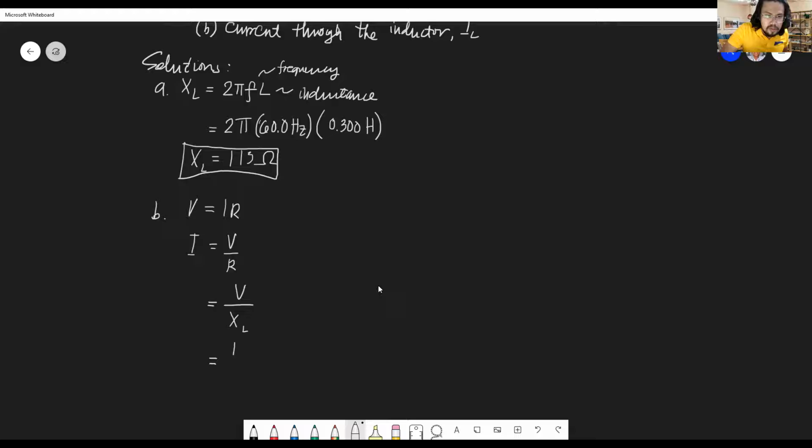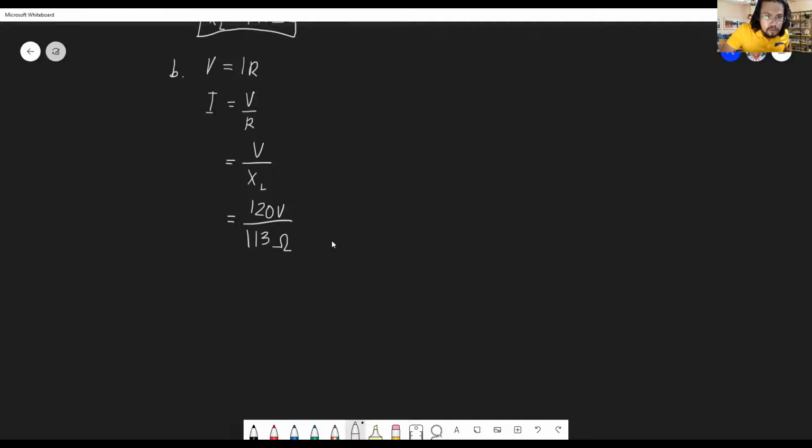So V is 120 volts, and you have your reactance at 113 ohms, and I is equal to 1.1 amperes. That's our solution for the problem.